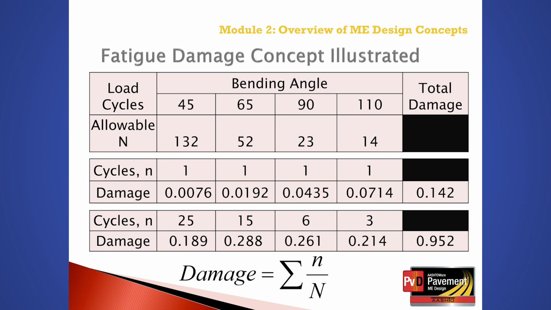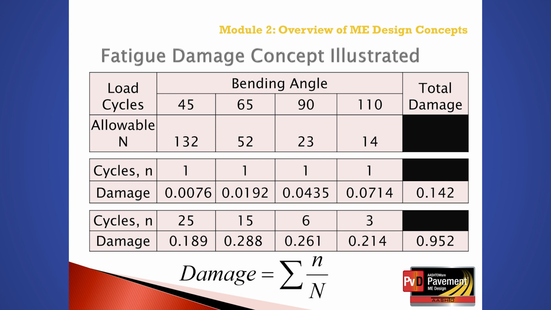Calculating the total damage for a combination of a different number of bends or load cycles is determined in the same way. The number of bends for each angle is tabulated on the next rows of the table, now shown.